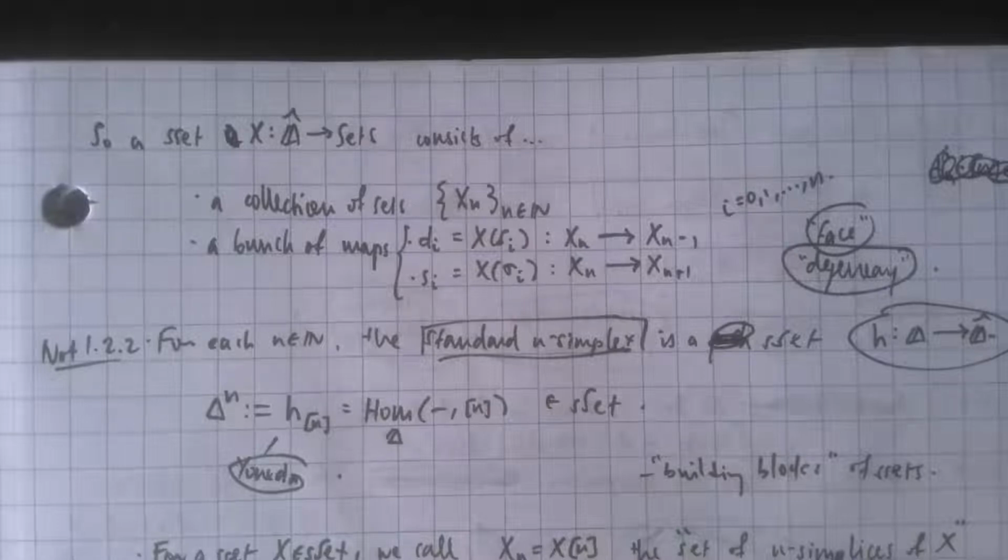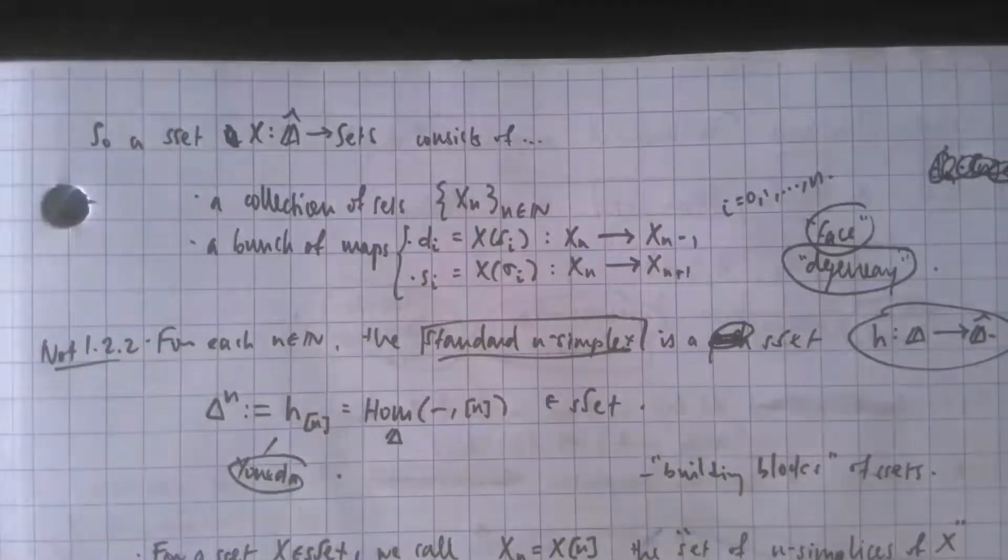And yeah, by Yoneda, given an n simplex alpha in X_n, we can associate that with a map from the standard simplex into X. Right, any morphism.